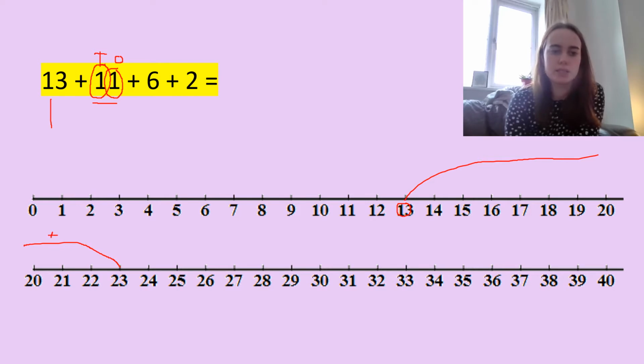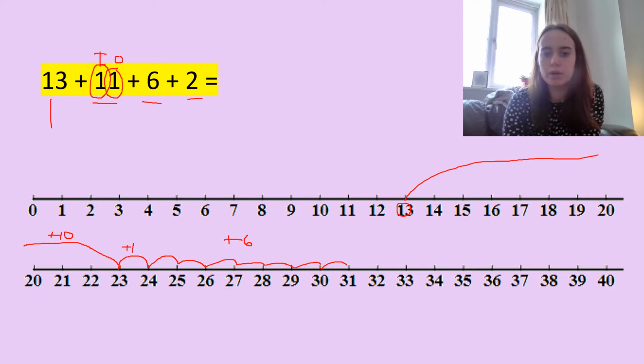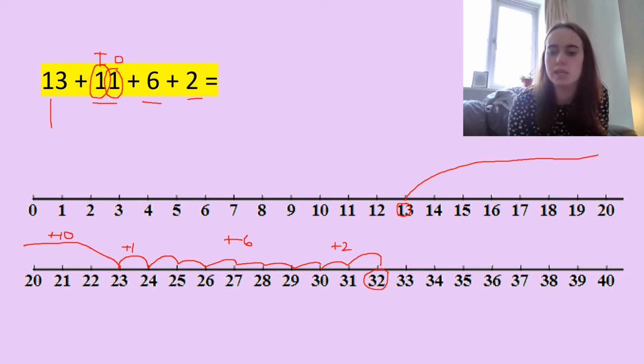So I've added 10 there. I'm now going to add the 1 from 11, which takes us to 24. So I've added 11, but I still need to add 6 and 2. So let's add 6. 1, 2, 3, 4, 5, 6. Added 6, still need to add the 2. 1, 2. I've now added the 2, and the number I landed on was 32.